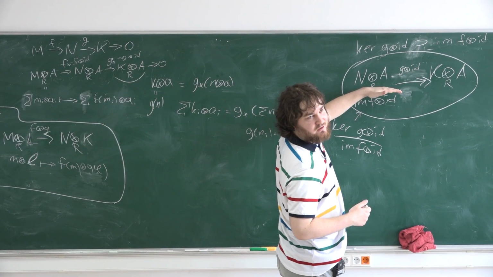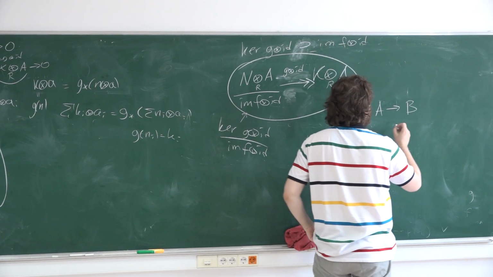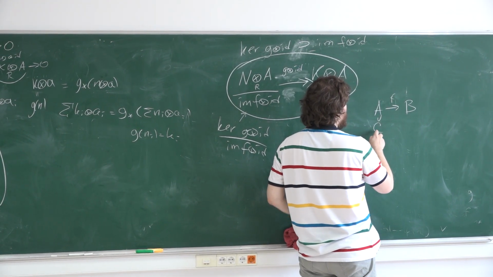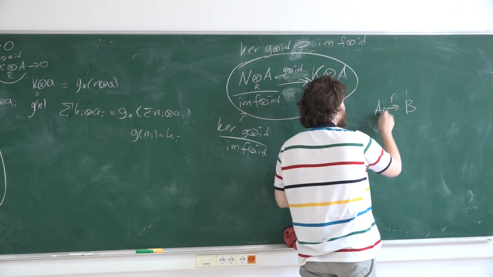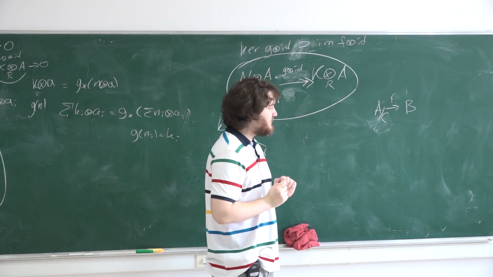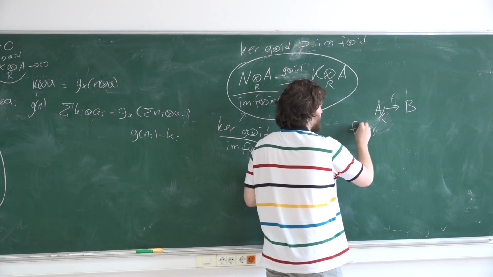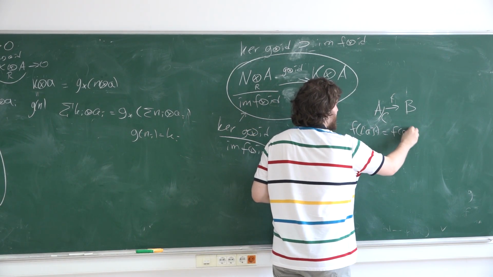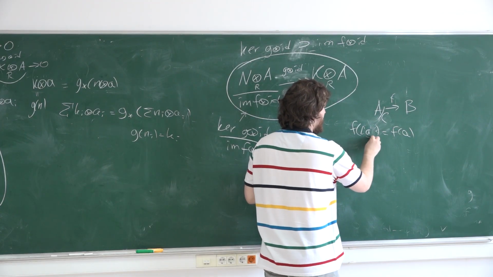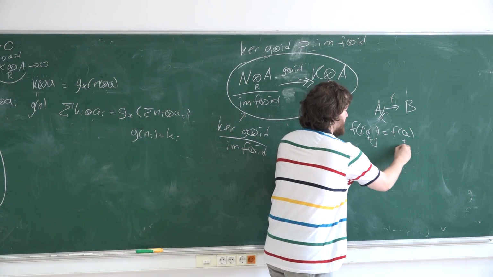Okay. Because if I have some homomorphism of abelian groups, and I have some subgroup which goes to 0, I can define a homomorphism from the quotient. On the quotient class you can define it by this thing, and this is correct because for any other element from the class, this is the same thing because f of c was 0.